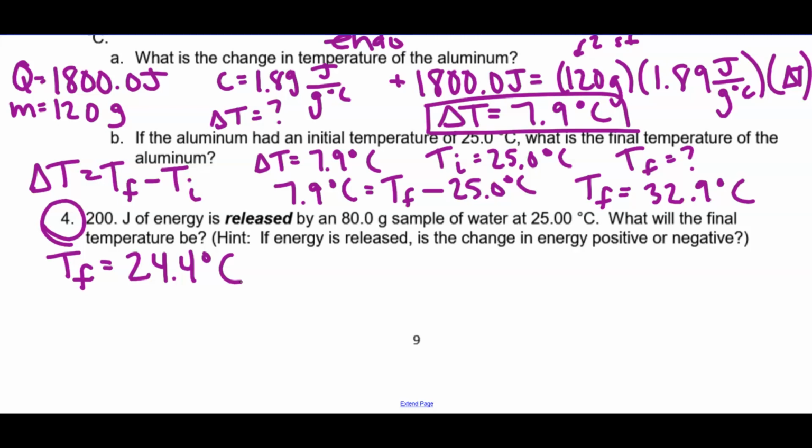There's an algebraic way of solving this, and then you can also solve it like you did in example problem number 3. So I'll be interested to see what problem solving methods you come up with for number 4. Be careful because it does say energy is released. So think about what Q has to be when energy is being released instead of being absorbed.